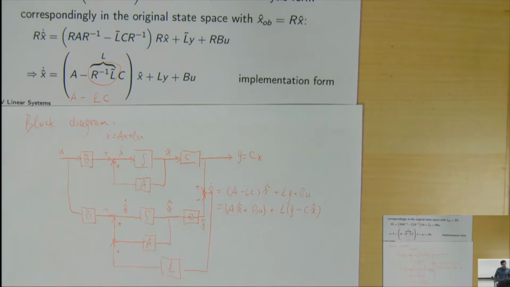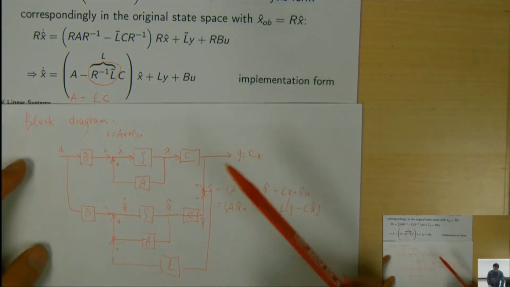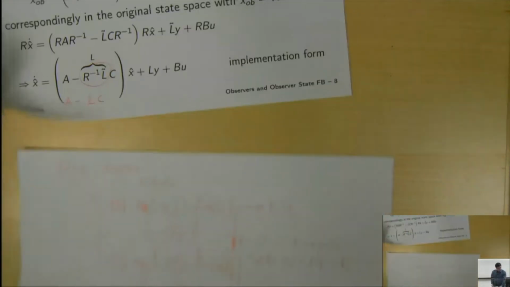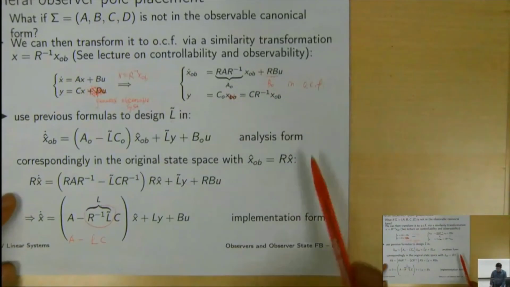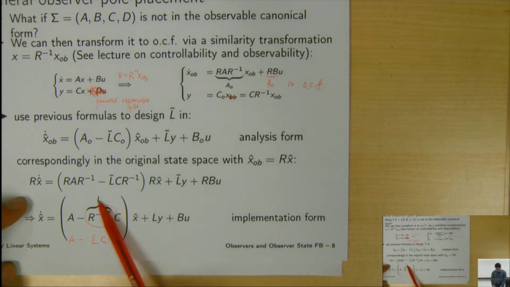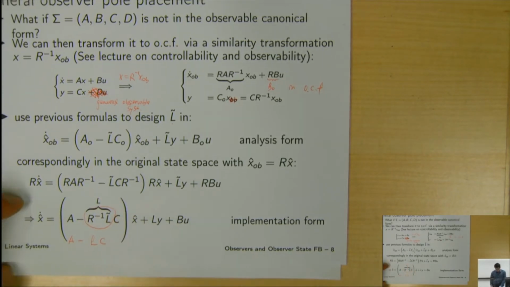So that is how an observer is built, how it's implemented in Simulink, for example. So that's the analysis form. This is the implementation form. So when we implement, we just compute L equals R inverse times L tilde.